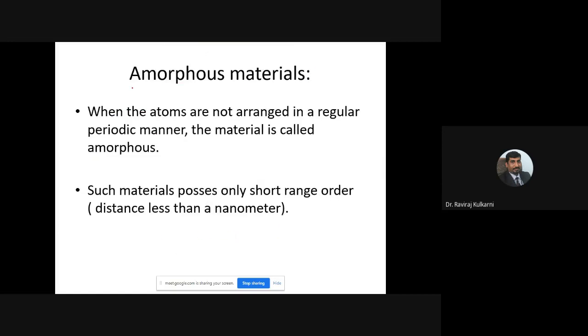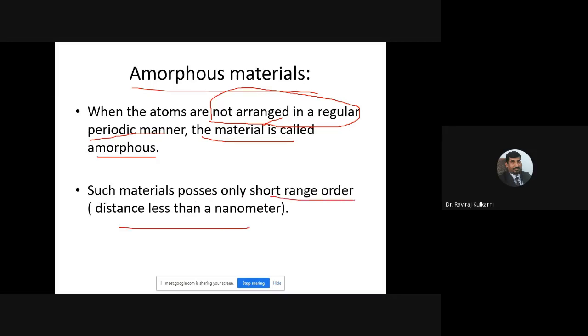What are amorphous materials? When atoms are not arranged in a regular periodic manner, the material is called amorphous. They don't have definite structure; they are randomly oriented. Such materials possess only short range order, that is, distance less than a nanometer.